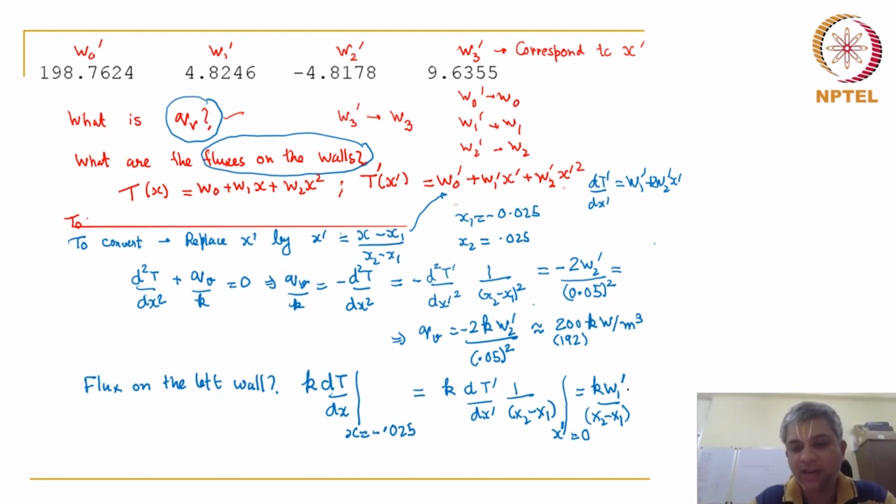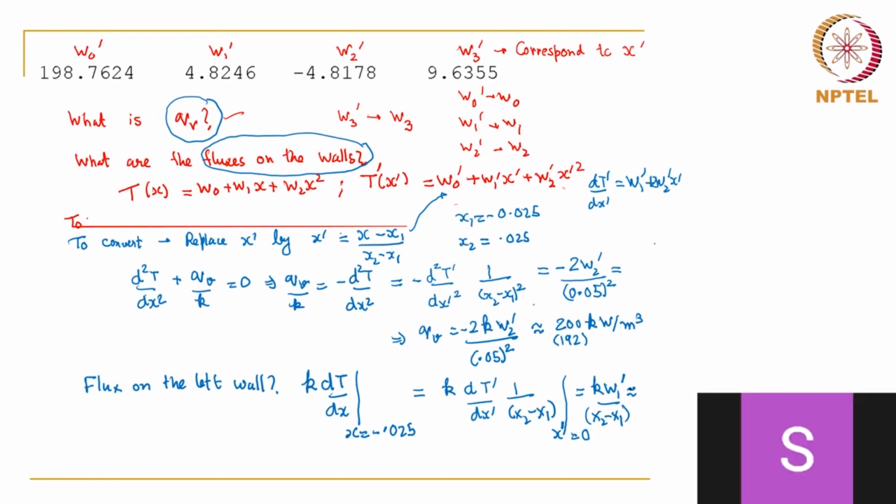So this, can somebody calculate and tell me what it comes to? K is 50. 50 approximately 250, 250. 4824.6.